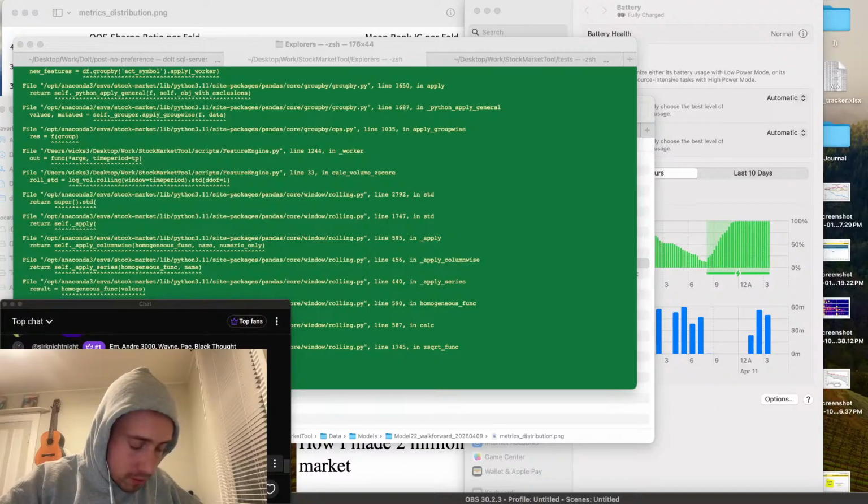Yeah, why is this not working? I think because it's trying to connect to Wi-Fi. Alright, let's get off the Wi-Fi.